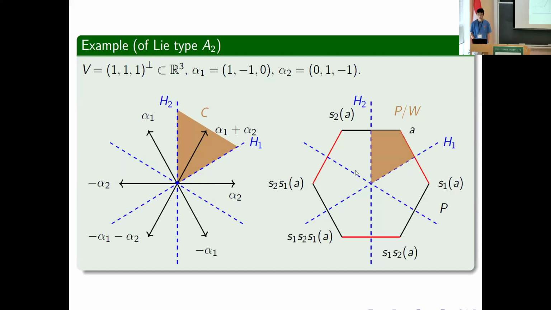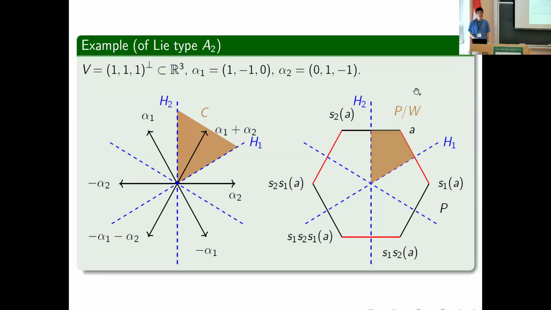And in the second picture, I drew the polytopes. We choose a point A in the open chamber, and the convex hull of its orbit is our Weyl polytope P. And the intersection of P and the fundamental chamber is the quotient polytope P mod W.